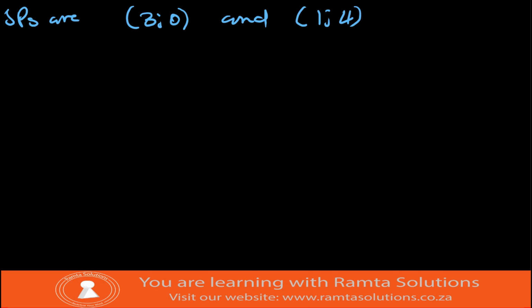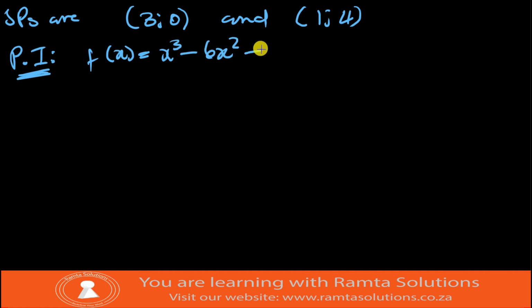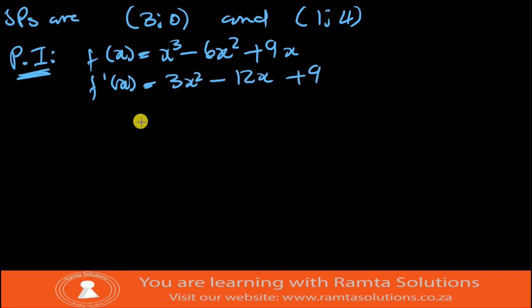Now what do we need to do? We need to find the point of inflection. Let me just call it PI. Remember, f of x equals x cubed minus 6x squared plus 9x. F prime x was 3x squared minus 12x plus 9.